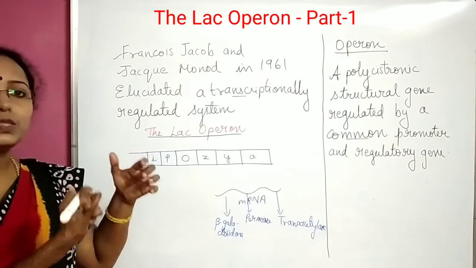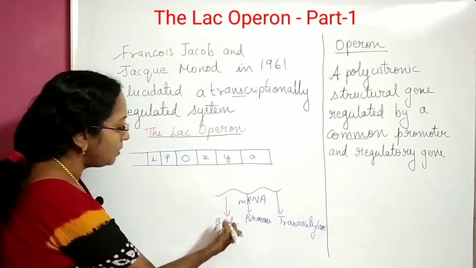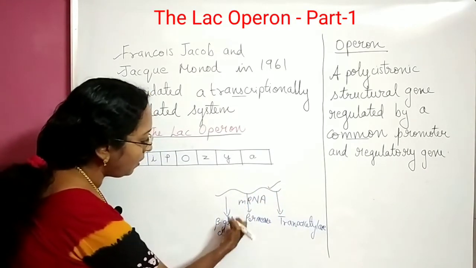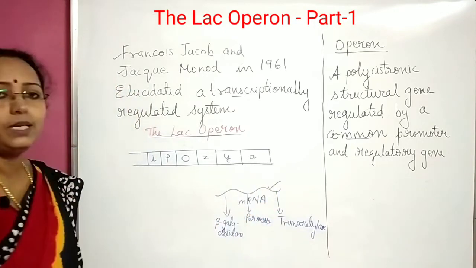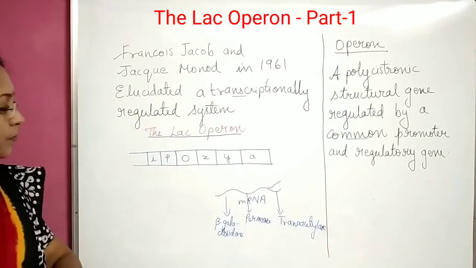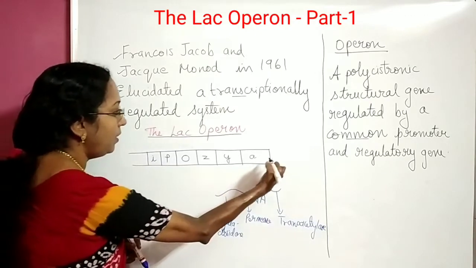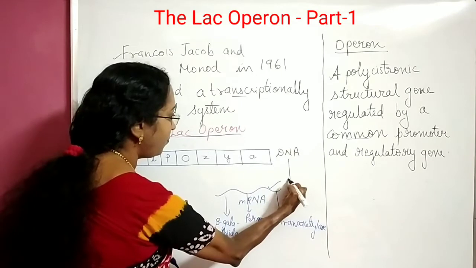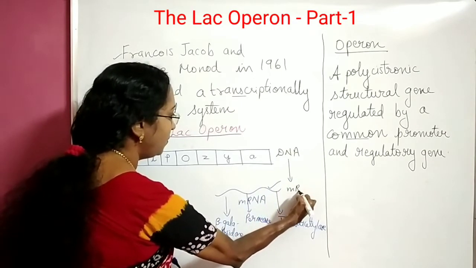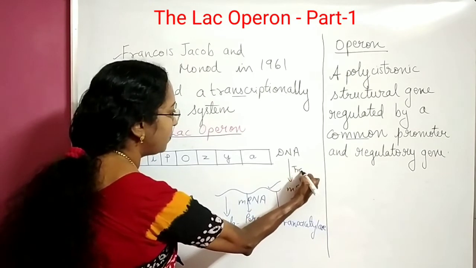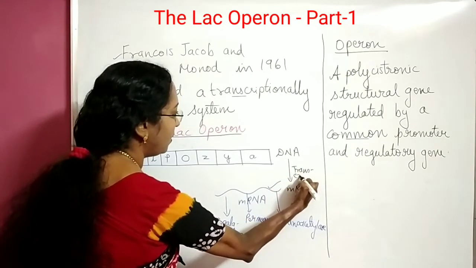If it is getting switched on, it means this mRNA has to be produced and this mRNA has to produce all three enzymes. Going back to our transcription, this is DNA. From DNA, if an mRNA is getting produced, this step is called transcription.